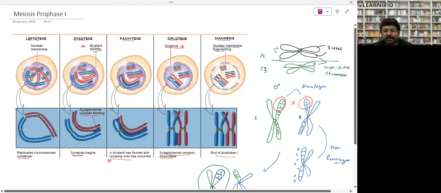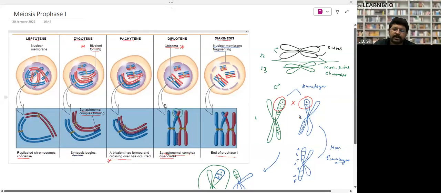Again, for the green, these both arms are sister chromatids, but one chromatid of black and one chromatid of green are non-sister chromatids for each other.